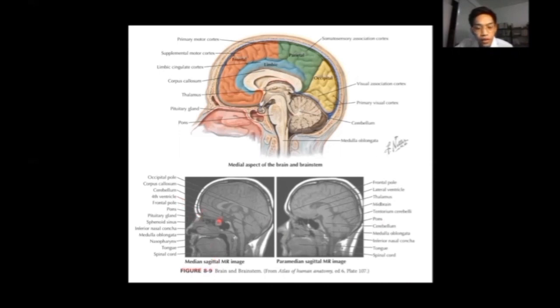If you can see, we can identify the structures of the hindbrain. Here we have the pons. We have the medulla oblongata here and the cerebellum. And here we have the paramedian sagittal MR image. We can also identify here the pons and the cerebellum.